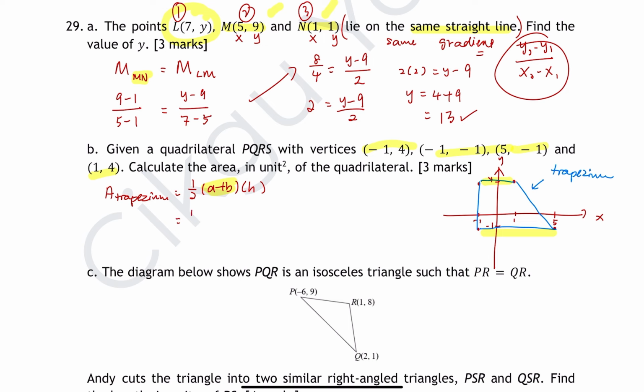So you can just compare A and B. The top line here, you are comparing with -1 and 1. So this is 2 units. Okay, this is from -1 to 5. So you have 6 units in total. And for your height, this is from -1 to 4. So you have 5 units. And you just multiply it together, you have 1 over 2, 8 and 5, which will bring you 20 units squared.